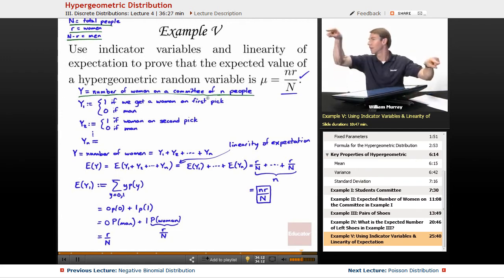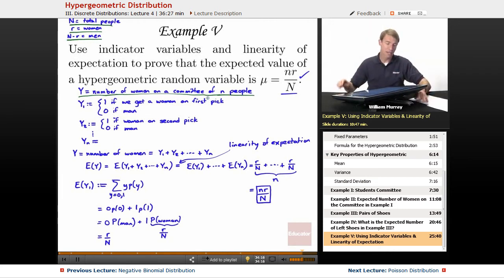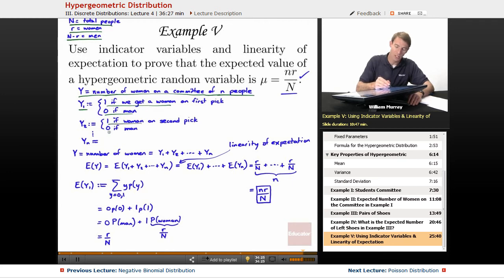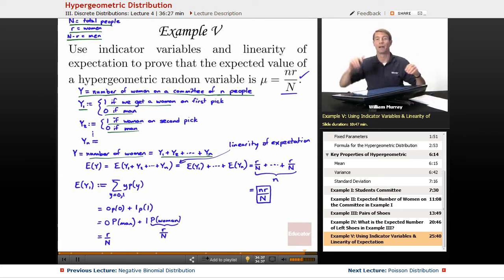We pick this person, and then that person, and then that person to be on our committee. For each person, we set up an indicator variable that's going to be 1 if we get a woman and 0 if we get a man. So each person has their own indicator variable. And that means the total number of women is just the sum of all these indicator variables. It's the sum of all the women that we got when we made each one of these picks.